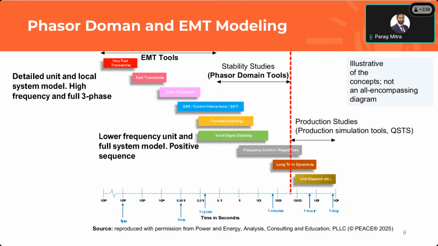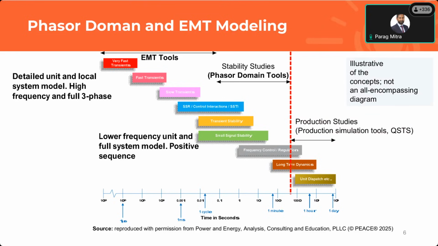So you do some sort of equivalencing of the larger or the broader power system, and you make sure that you model the local system, the system that is local to the load or any other installation that you're assessing. And you do that in a lot of detail. You model everything in three-phase detail. You model the high frequency control loops and such. And then you use these tools to do those kinds of studies.